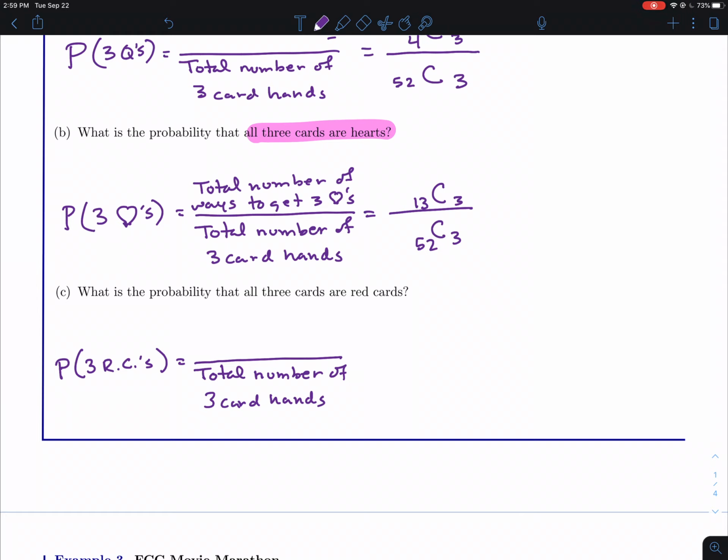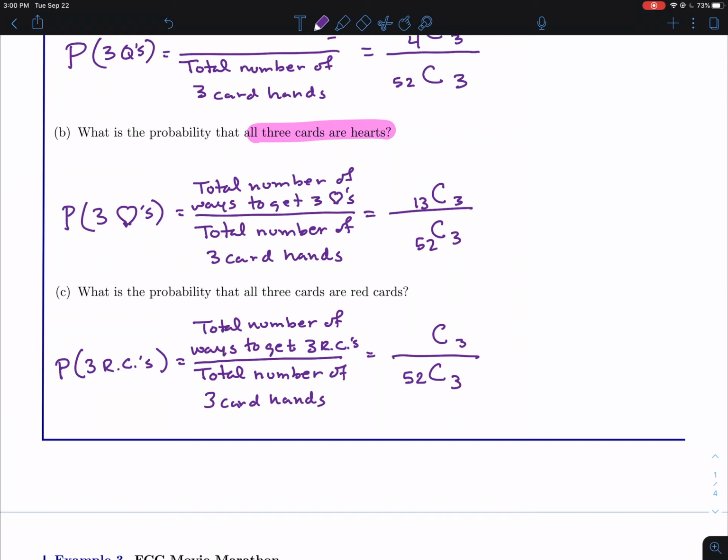And then the top is just the total number of ways to get 3 red cards. All right. So again, just like I had mentioned before, bottom number is always the same in this case. Still 52C3. My top number is still going to be something C3.